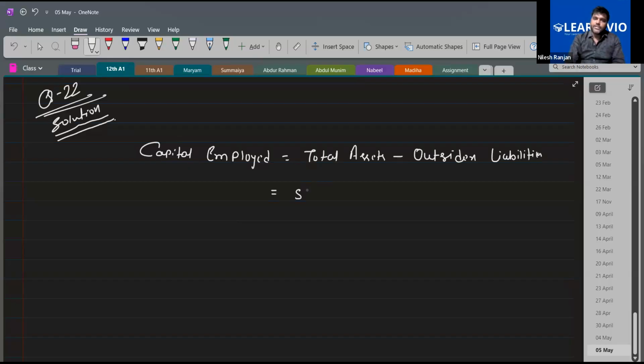Total assets we have is 55 lakh, and outsiders' liabilities we have is 14 lakhs. So the total amount we have is 41 lakh.